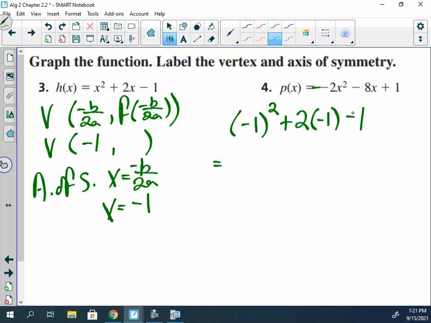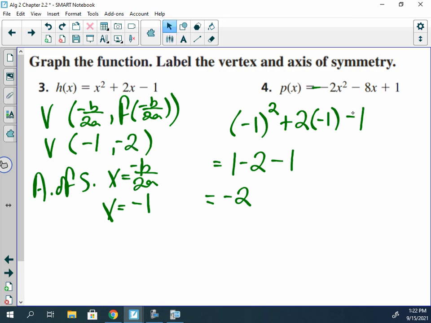So negative 1 squared is 1. 2 times negative 1 is negative 2 minus 1. Well, 1 minus 1, 0, so I'm left with negative 2. I could do 1 minus 2, which would be negative 1. Minus 1 is negative 2. So the vertex is negative 1, comma, negative 2. Questions on this here?